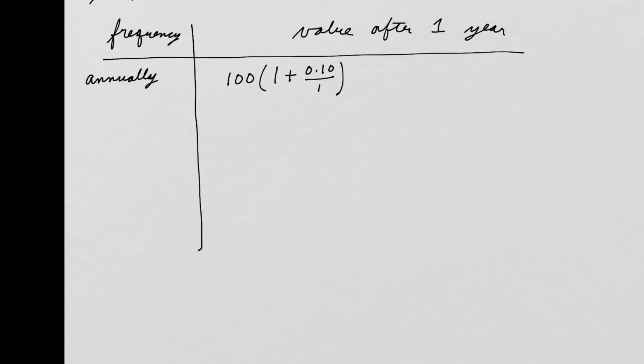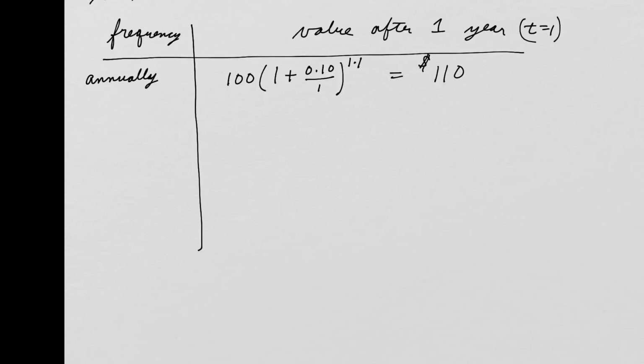And it's raised to the K times T, but T is just 1 in this instance, because we're only doing it for 1 year. And if you did that out, that of course is going to be $110. So that's based strictly on the APR itself.